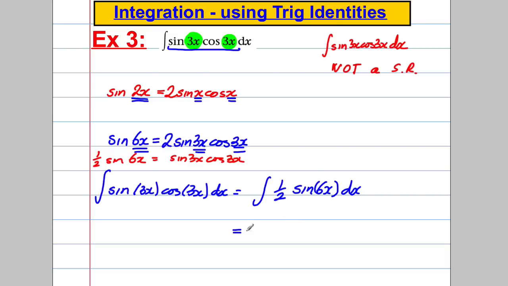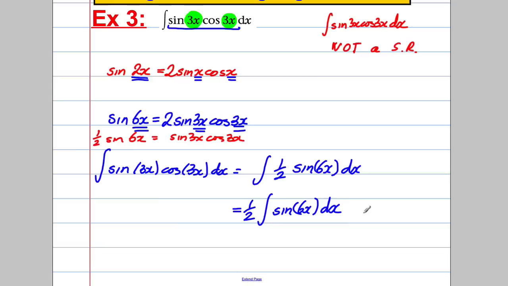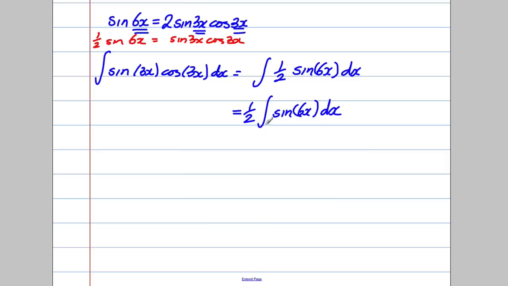So if I integrate that, I'm going to bring the half out and integrate sine 6x with respect to x. The integral of sine 6x is going to have a cosine 6x, it's going to be negative, and you're going to divide by the 6, plus c.